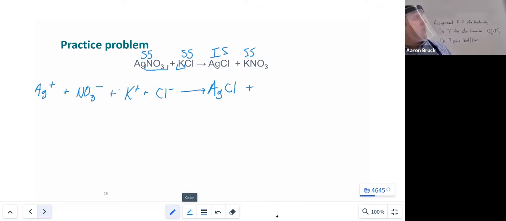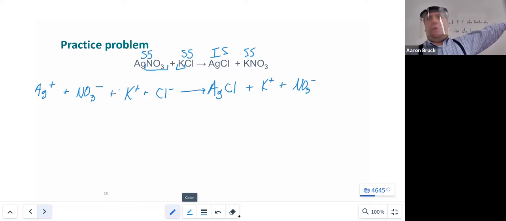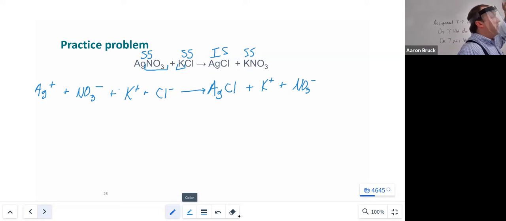For potassium nitrate, again, soluble, so it's going to split into its ions, the potassium ion, K+, and the nitrate ion, NO3-. So this is our ionic equation. Everything that was soluble, everything that would be in ionic form inside of that solution is now shown as ions.